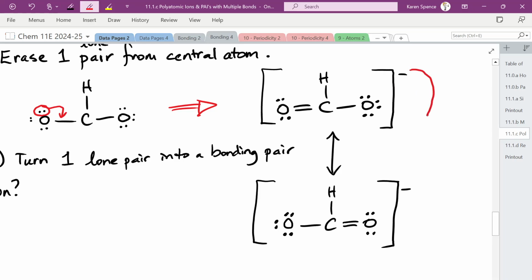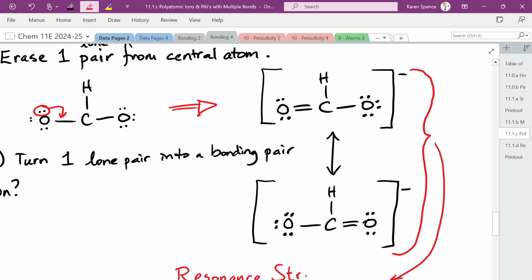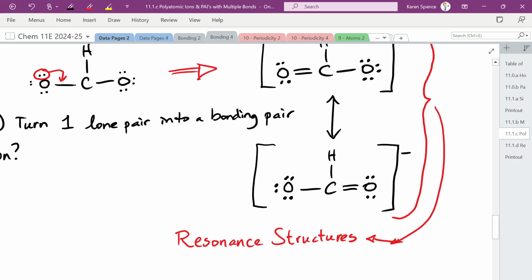These guys together are called resonance structures. And we always show double-headed arrows between them.